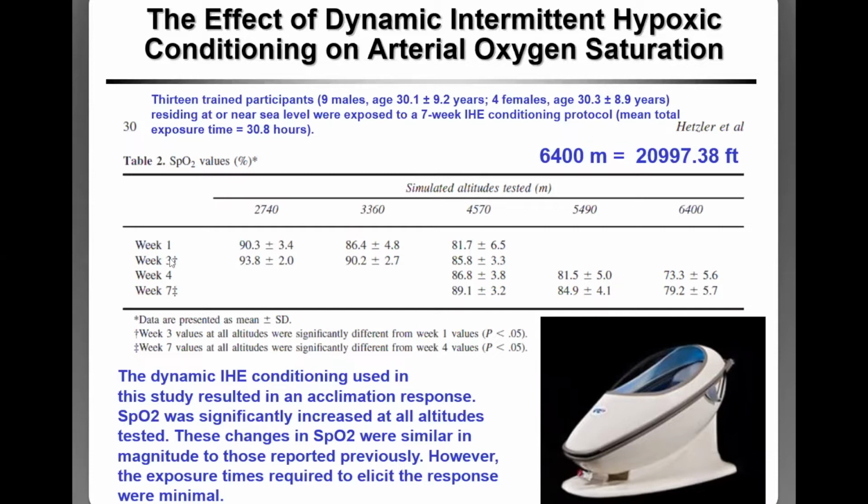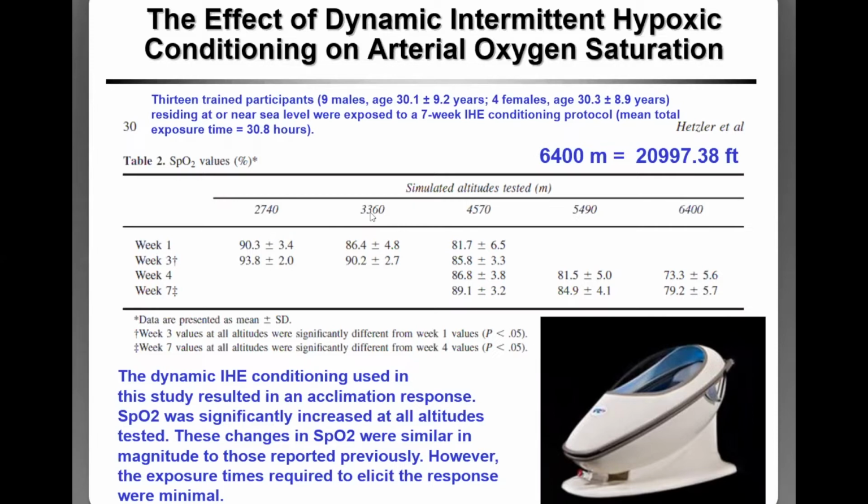So what this is showing is different altitudes ranging from 2,700 meters to 6,400 meters. And these are simulated altitudes, which means that the level of oxygen was reduced to match what would be available at these altitudes.